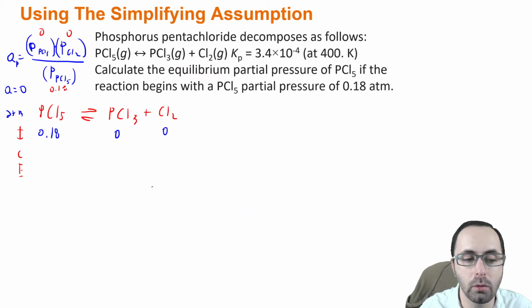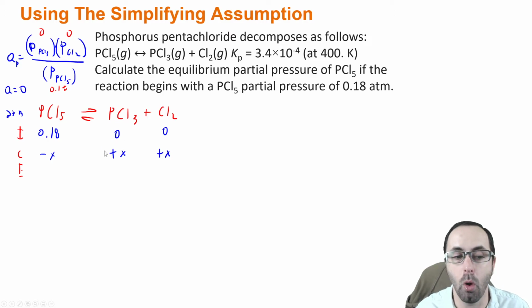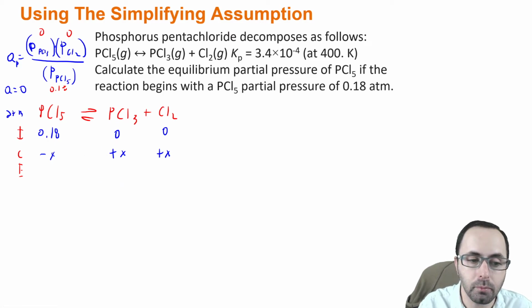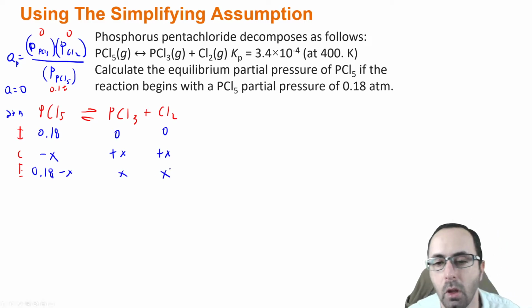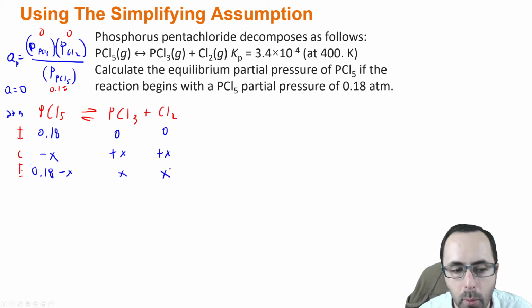And so now here our change is going to be minus X, plus X, plus X. And these are all 1 because all the coefficients in the balanced equation are 1 here. So as a result, we're going to get for our equilibrium 0.18 minus X, and then X and X here. Okay, now I'll go ahead and plug these in.